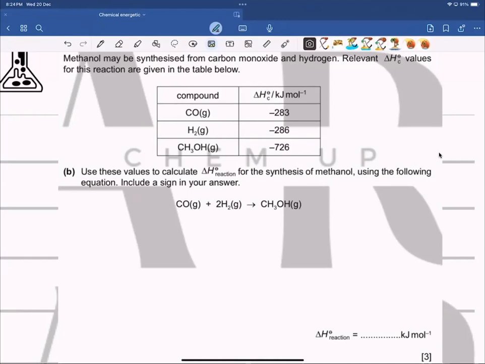I have received Kubra's. See, Kubra, you made a mistake. What is this? Standard enthalpy change of combustion. Combustion.